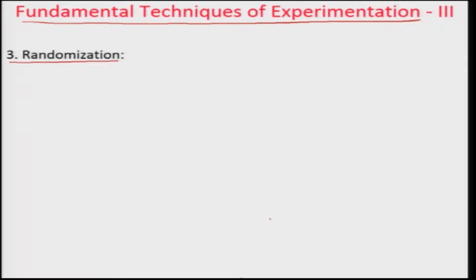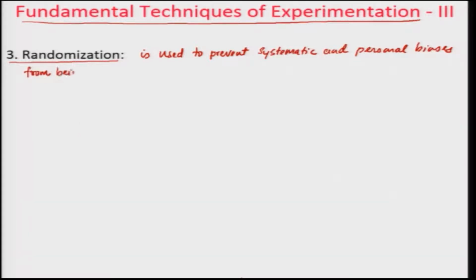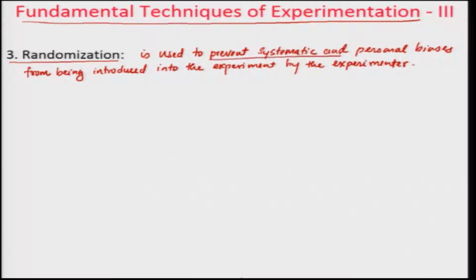So what is randomization? Randomization is used to prevent systematic and personal biases from being introduced into the experiment by the experimenter.